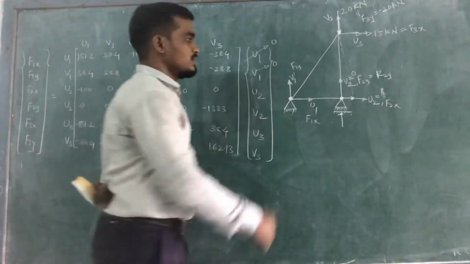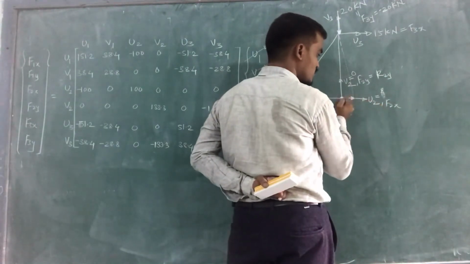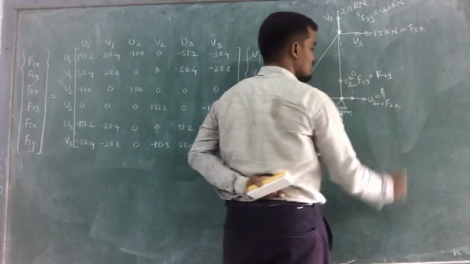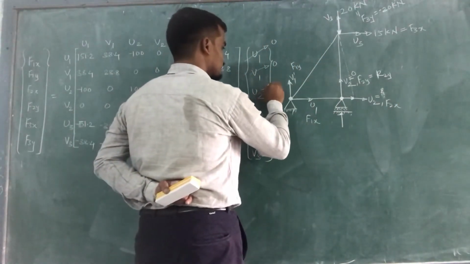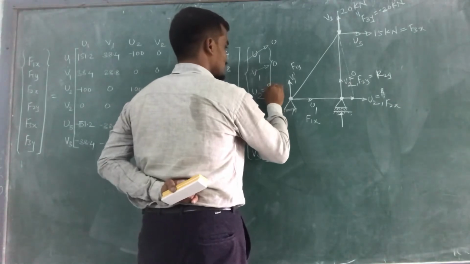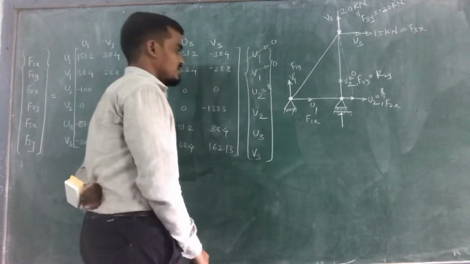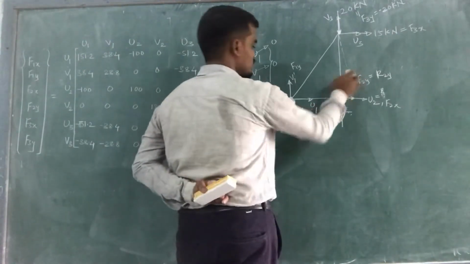There will be some displacement at node 2 in the horizontal direction, which is nothing but U2. So U2 is the question, and this is the unknown value that we need to find. Now V2 is equal to 0.